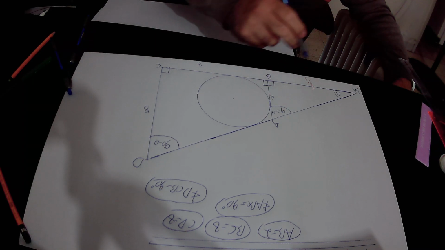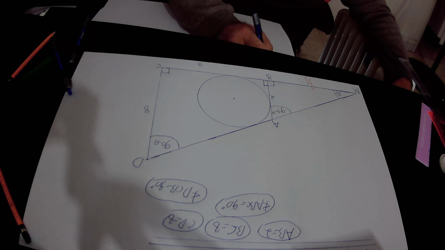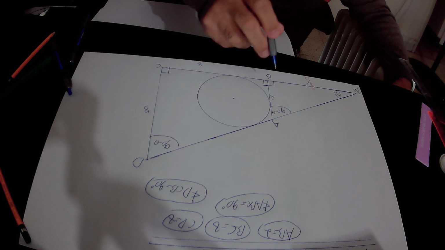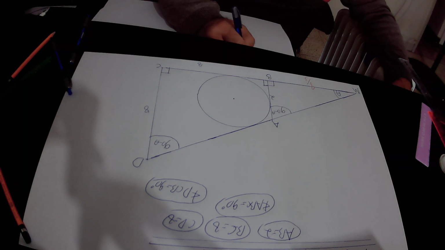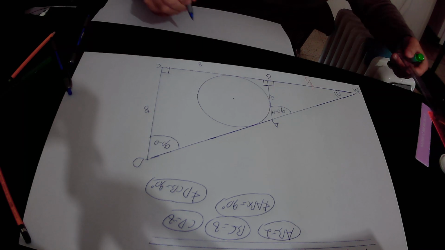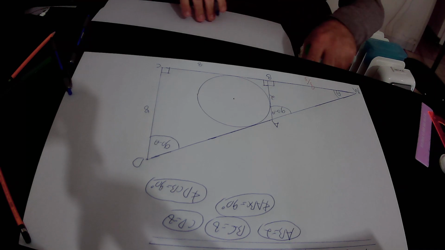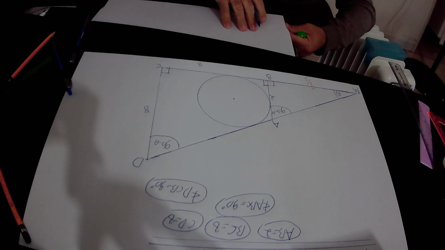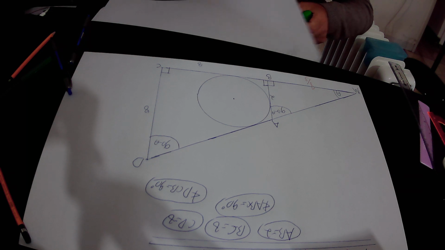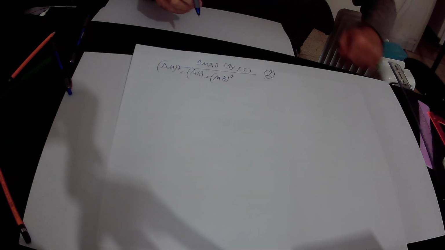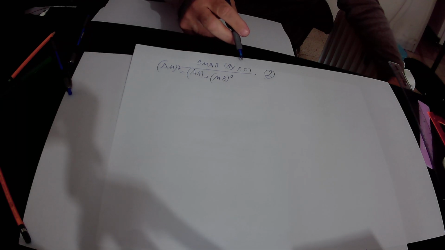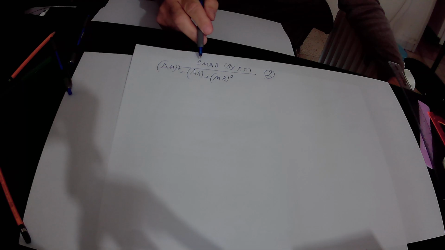The hypotenuse is AM, therefore AM squared must equal AB squared plus MB squared.